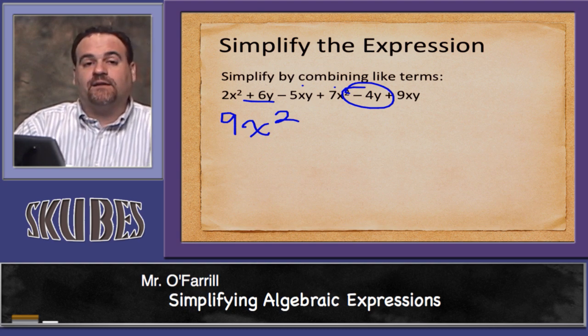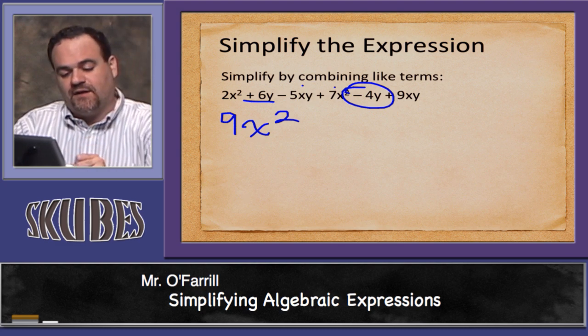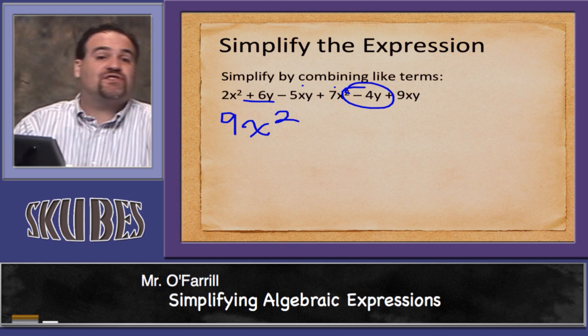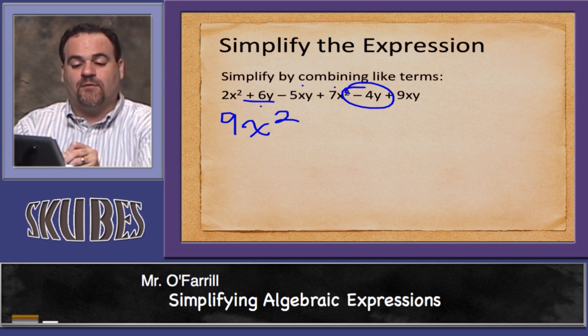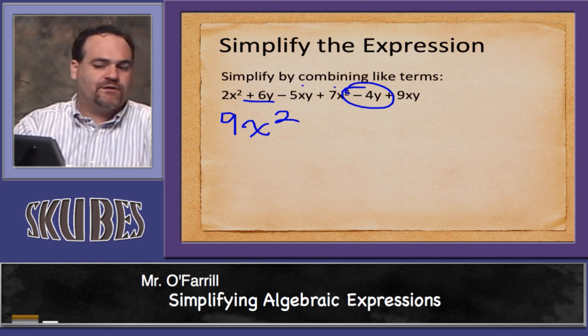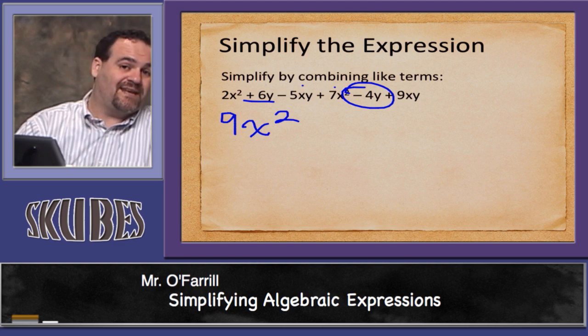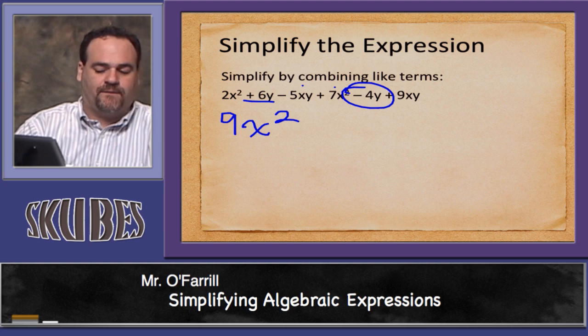And notice that I said negative 4y. Whenever you're combining like terms and simplifying expressions, the sign that you see to the left of each term should stay with that term. This is a positive term, this is a positive term. When we get to it in a moment, we're going to see that this one is a negative term, and that this one that we're about to work with is a negative term because there's a minus right before it.